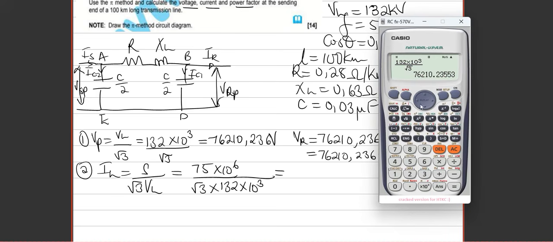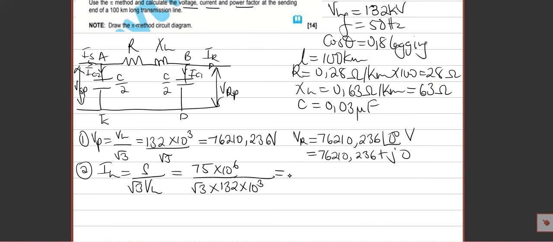Let's see, we have 75 times 10 to the power 6 divided by root 3 times 132 times 10 to the power 3. We have 328,04 amps.